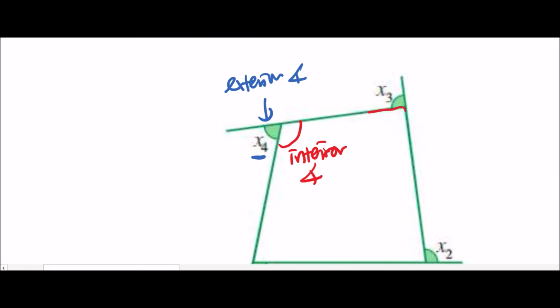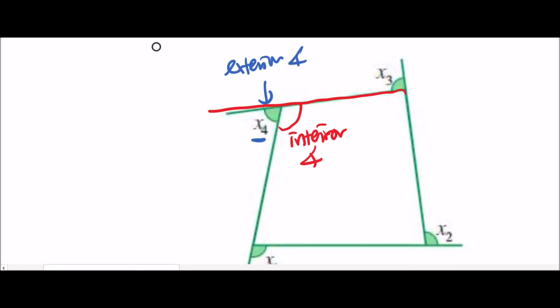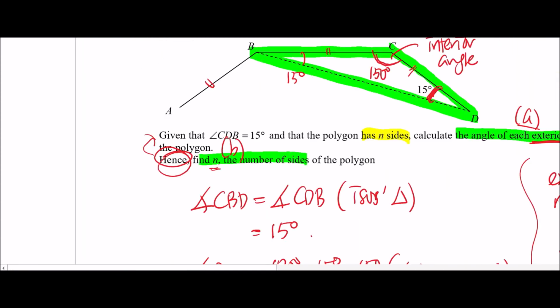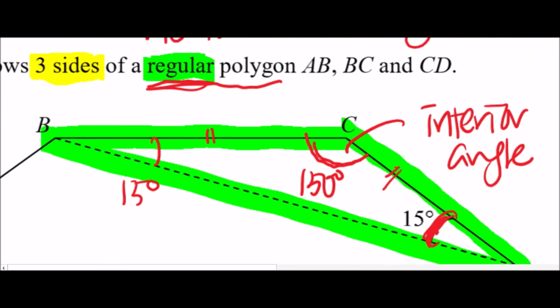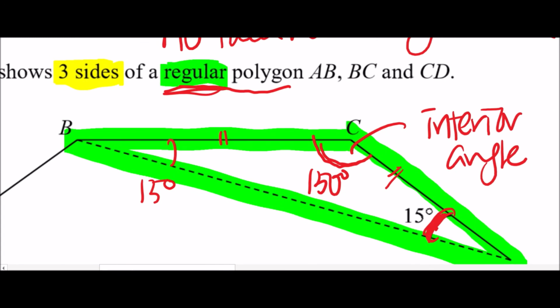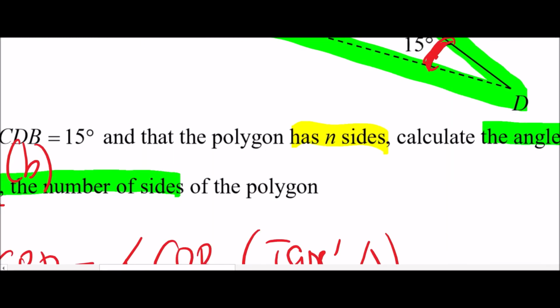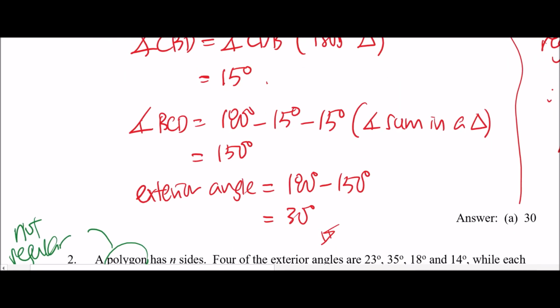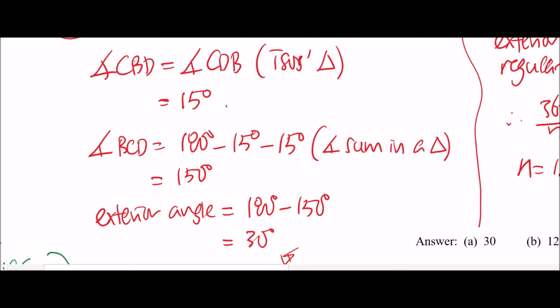Can you see that they both lie on one straight line? So can I say that these two, the exterior angle and its counterpart interior angle, add up to 180 degrees? So very simply, once you have found the 150 degrees here, this interior angle, we can then find one exterior angle by taking 180 minus the interior angle, and we are done for part A. So the answer is 30 degrees.